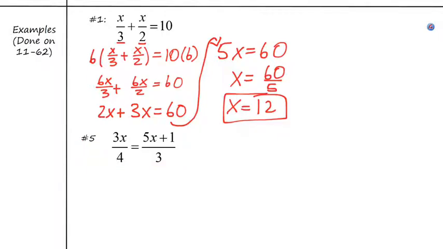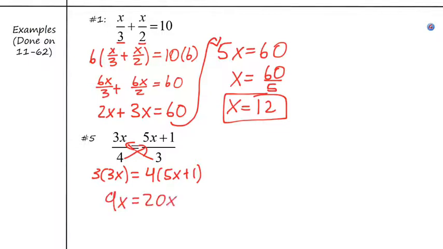So that's actually what we'll do here, is if you have a single fraction on each side, then you can cross multiply. So you get 3 times 3x is equal to 4 times 5x plus 1. And so you'll get 9x is equal to 20x plus 4.